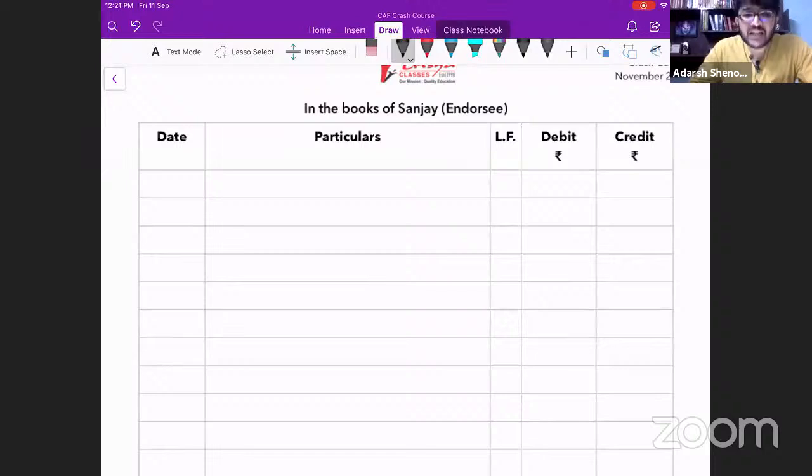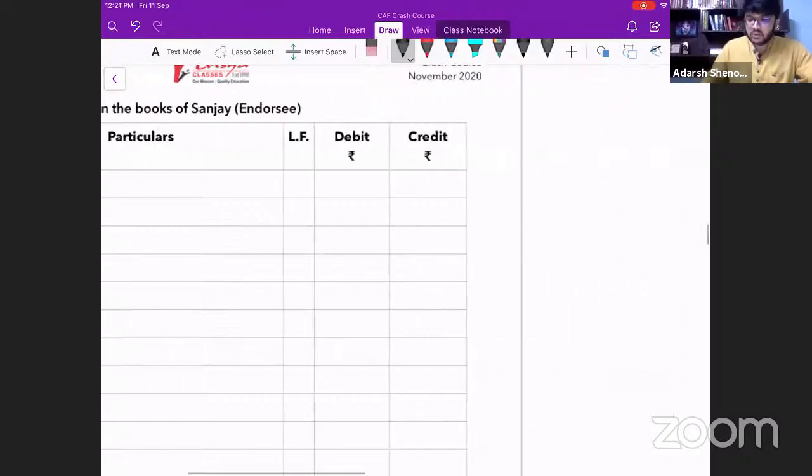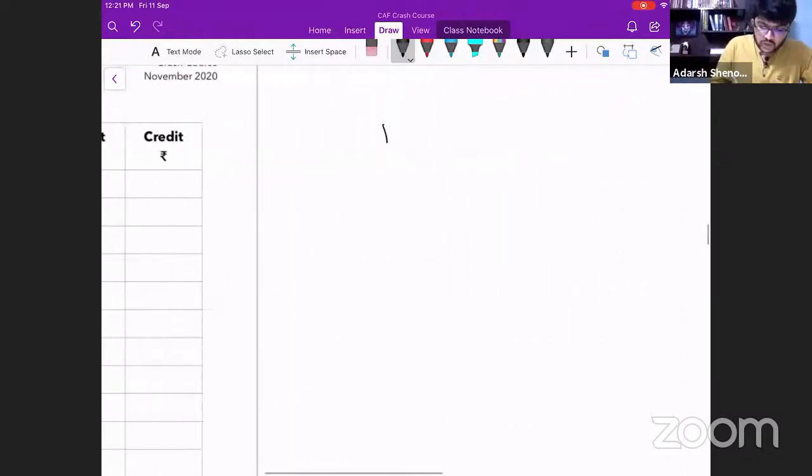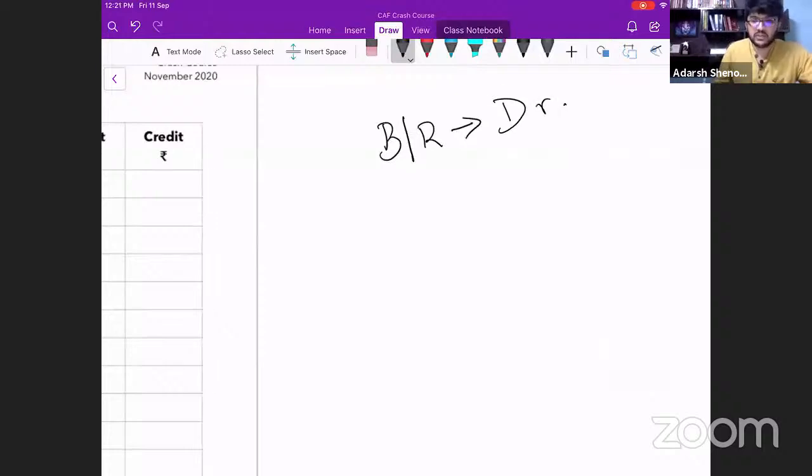Yes. Who is Raj to me? Is Raj an asset or a liability? Raj is an asset, right? Raj is a debtor. He's giving me an asset now. He's giving me a bill. So what is Raj going to do? Raj is going to give me some asset. I should debit this asset. Bills receivable is debited.